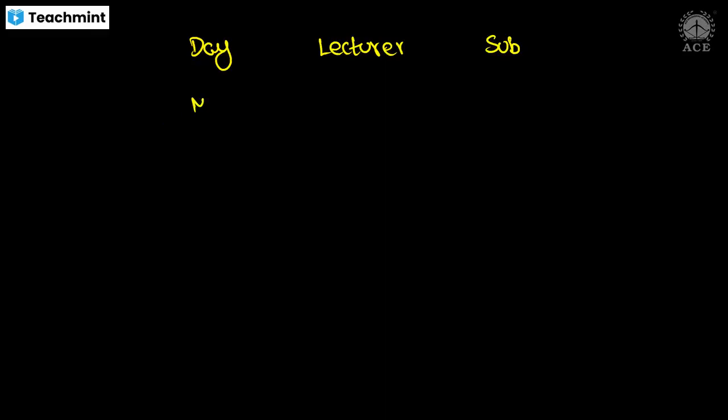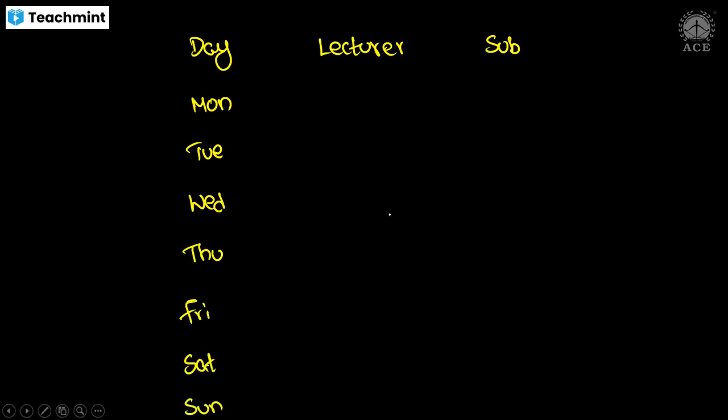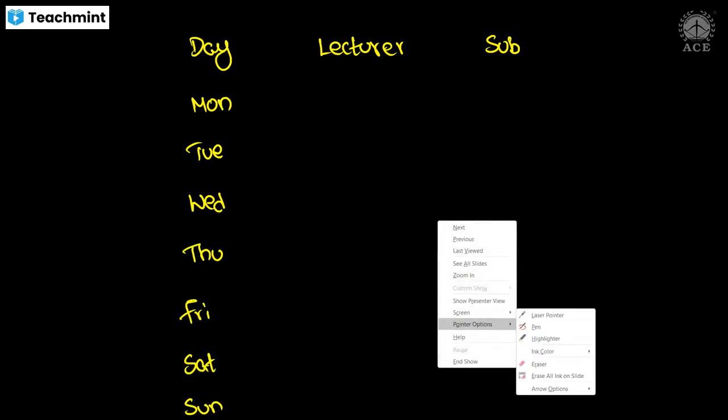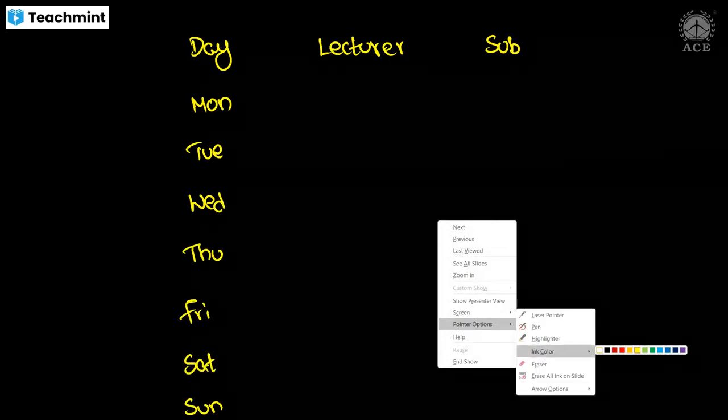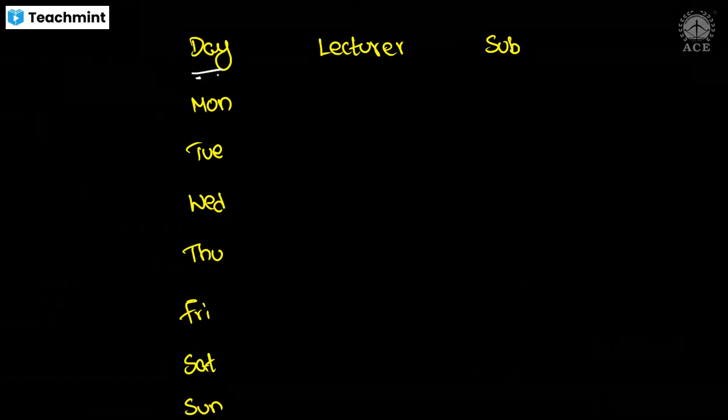So day, if you want to map first itself, Monday, Tuesday, Wednesday, Thursday, Friday, Saturday, Sunday. So we have all 7 days, 7 lectures. Which lecture is taking which day, which subject? That data we need to map here, right?